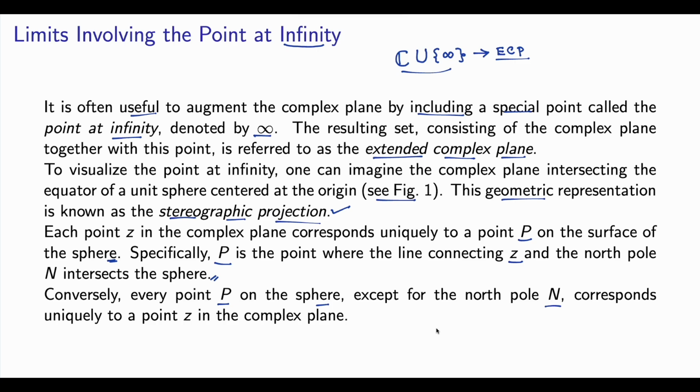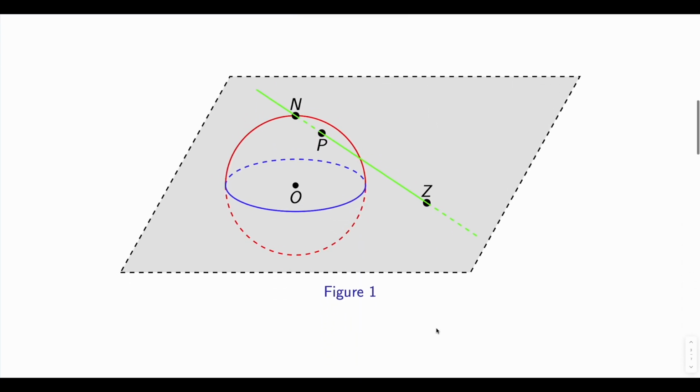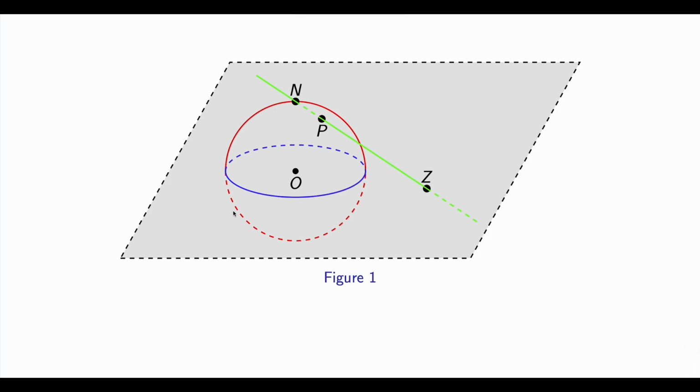Okay, so let us see that picture. See here, this is my sphere, and this is the North Pole, and this is the origin 0, 0, 0, assume. And this is your complex plane.